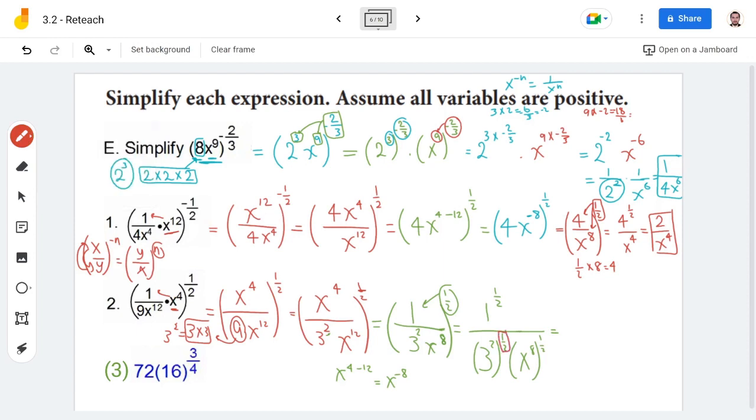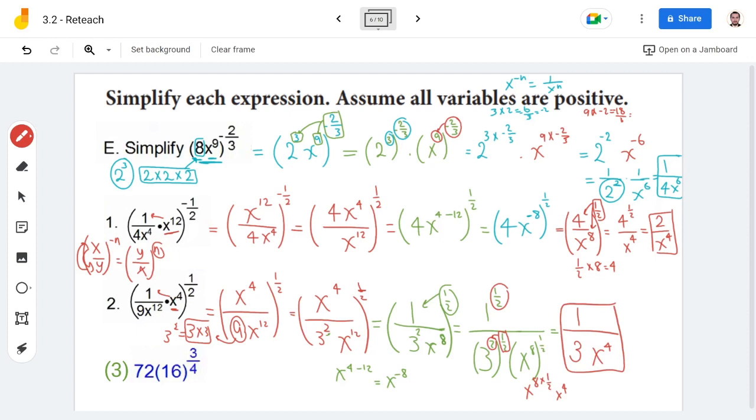We multiply 1 over 2 with the 2 here, which is equal to 1. So 1 to the power of half is equal to 1. 3 to the power of 2 over 2 is equal to 3. And 8 times half is x to the power of 4. So my final answer is x to the power of 4.